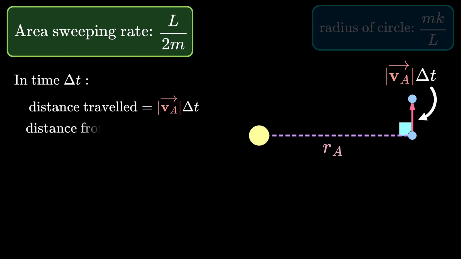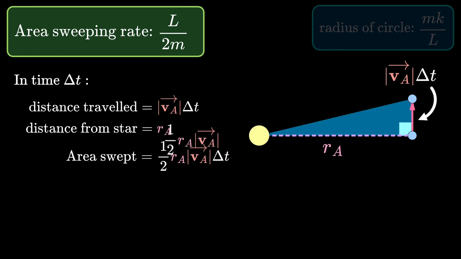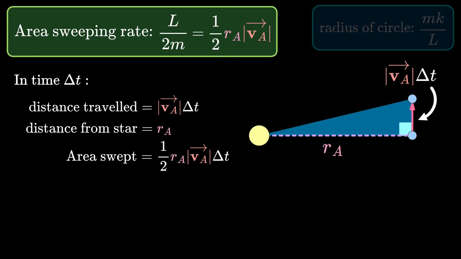Let's also denote the distance from the star to be RA. Then the area swept during this time is half base times height, which is half RA times VA delta t. So the area sweeping rate is half RA times VA.